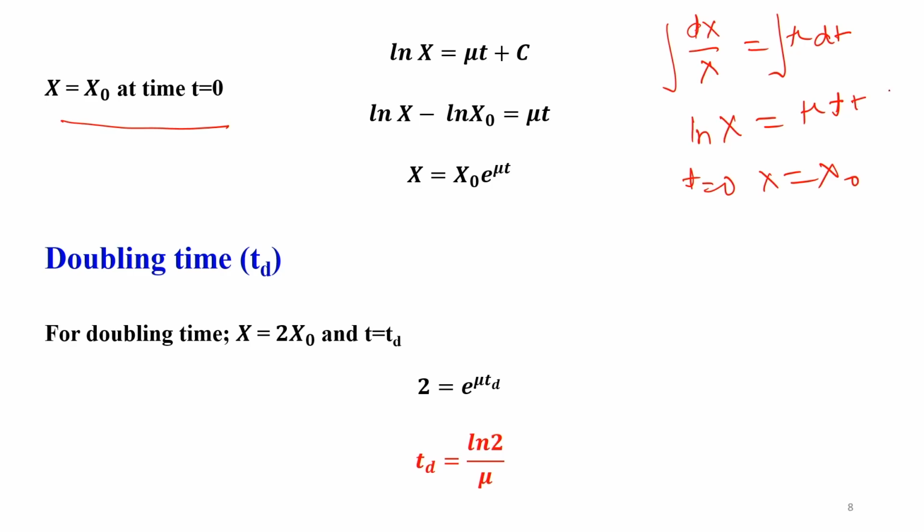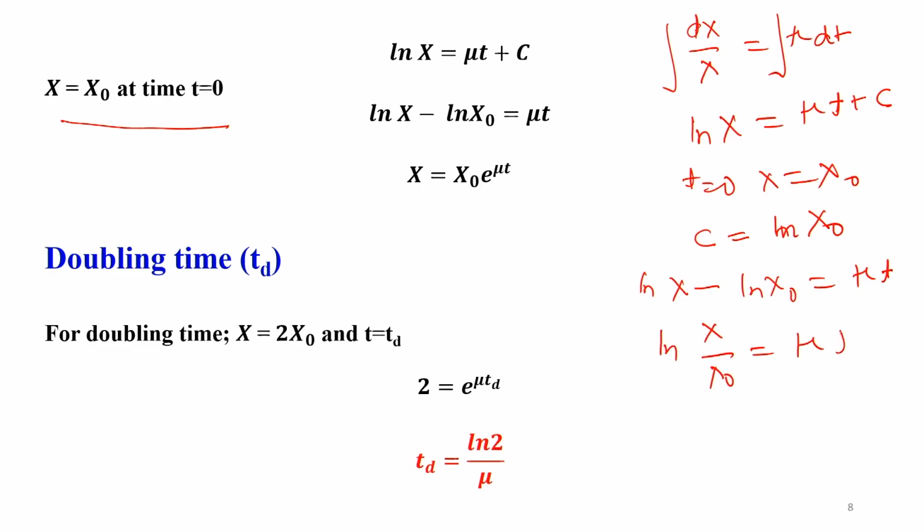So, integration constant c equals ln x naught. So, now this will become ln x minus ln x naught equals mu into t, and this becomes ln x upon x naught is mu into t, and now simply it will become x equals x naught e to the power mu into t.